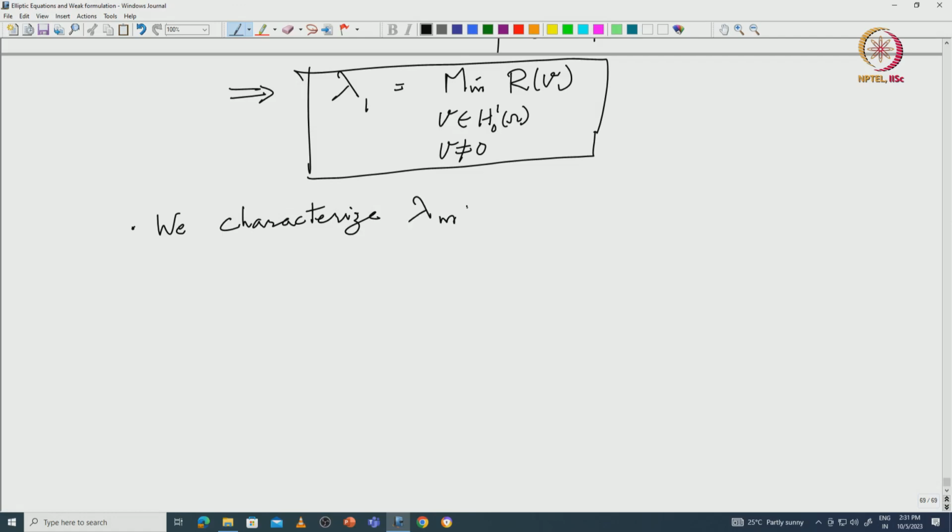So we will stop here and continue with the characterization of the higher eigenvalues by a minimax principle. We will give these formulas which you can also work out a little bit, but you should also look into the general compact operator theory. Thank you very much.